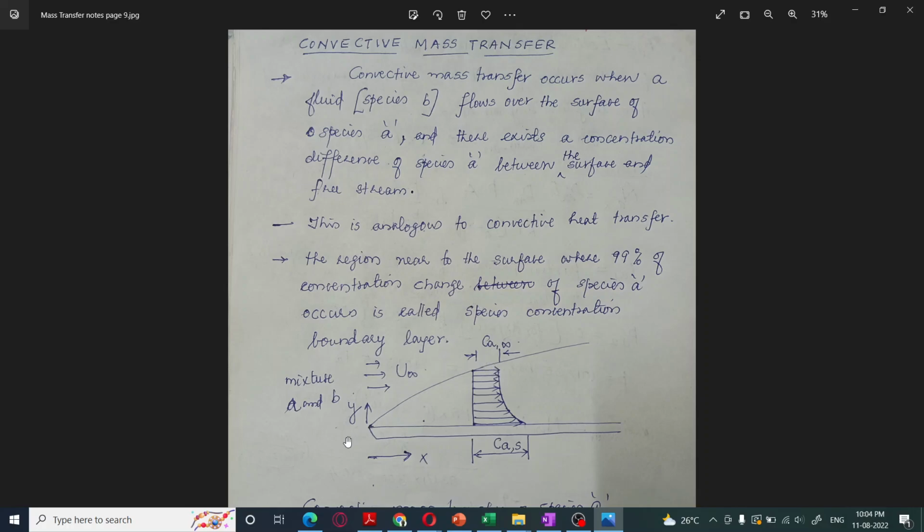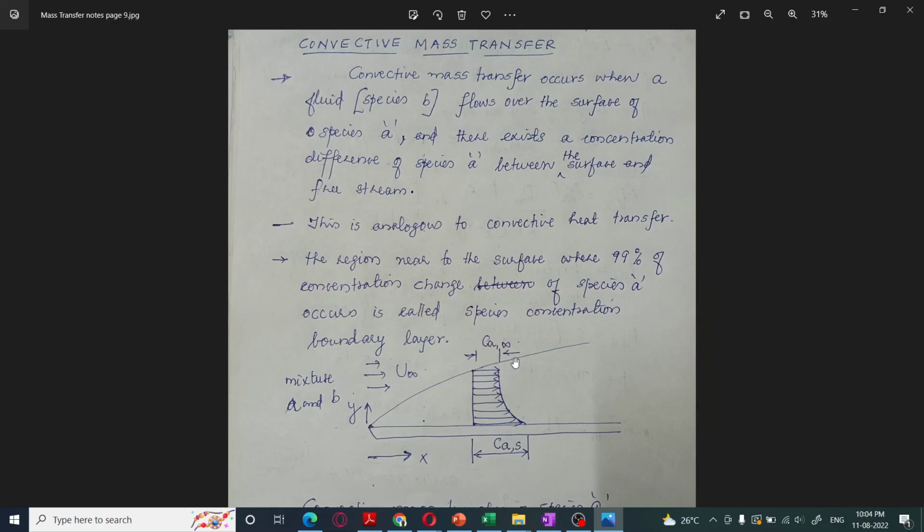Suppose we have a species here and some fluid flows over this. So the fluid which is flowing will have a mixture of A and B, and the surface will have the component A here. So the concentration just near the surface of component A will be high, and the concentration of the species A in the flowing fluid will be less. So we have free stream condition.